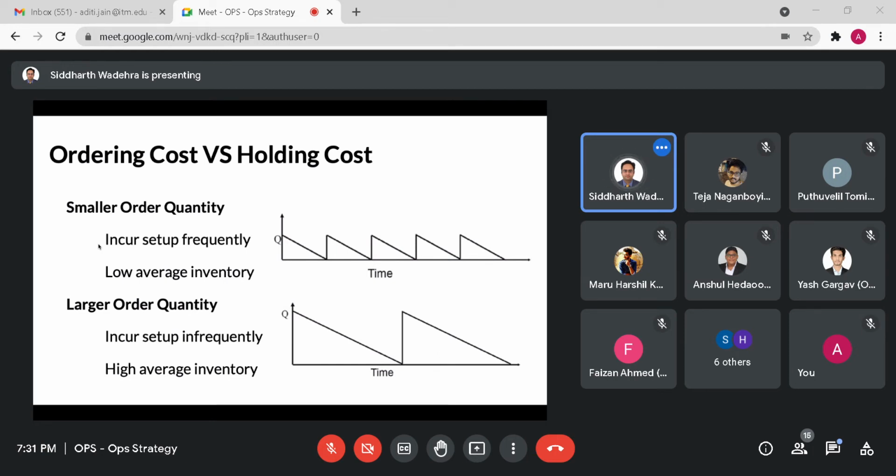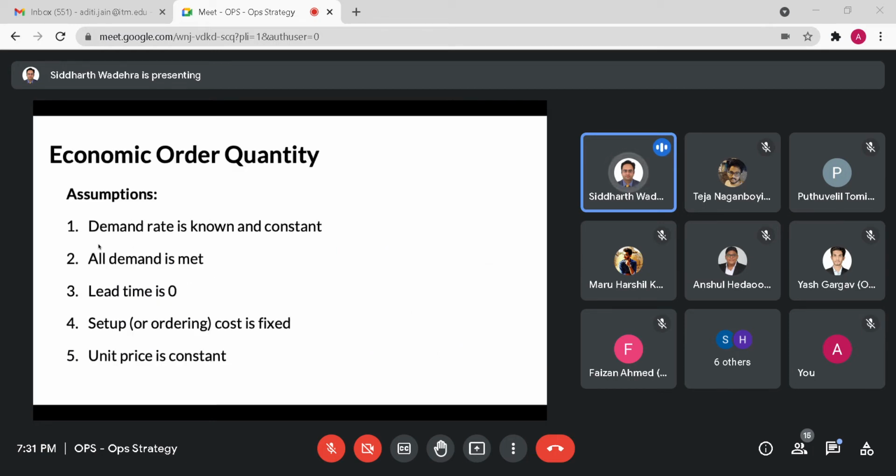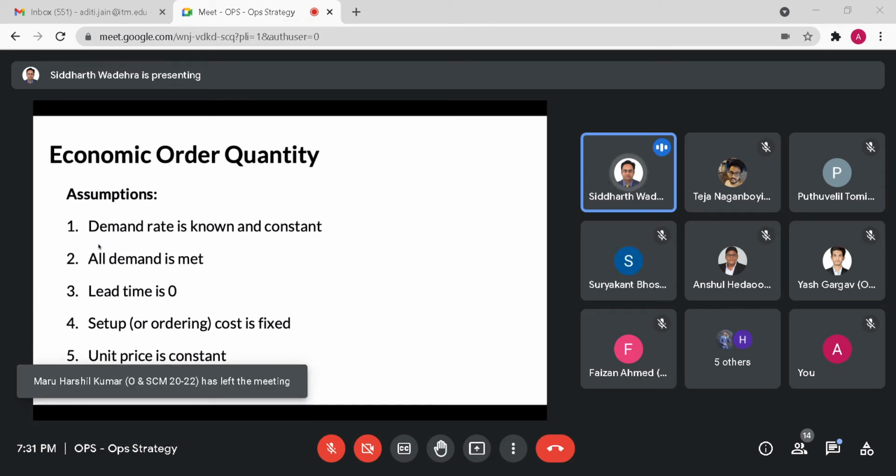Assumptions here when we talk about economic order quantity. Okay, that's what we are assuming here. However unrealistic it might be in real life, we've got an assumption that all demand is met, and that you are never telling a customer that you don't have enough. So all demand is being met. We are assuming a lead time of 0 at this point, right?